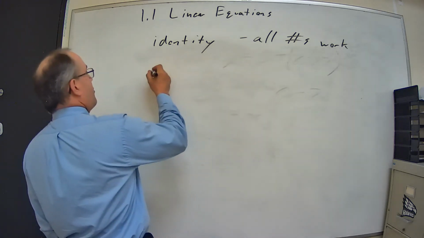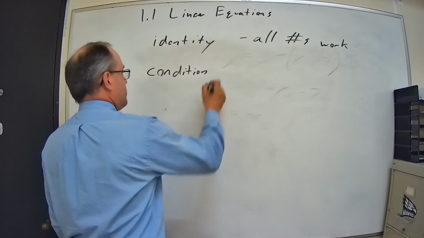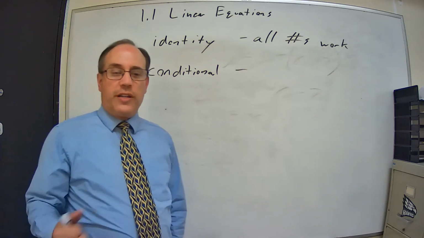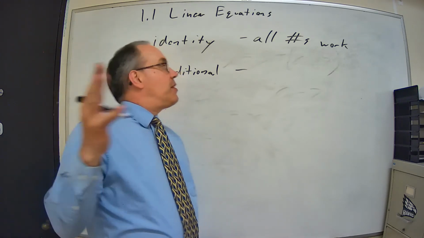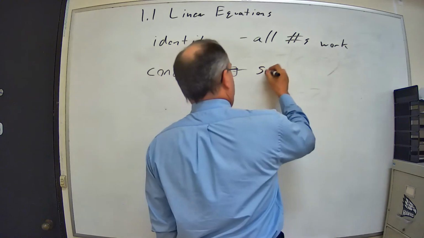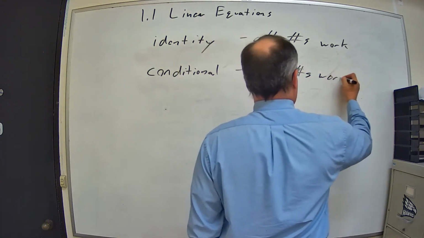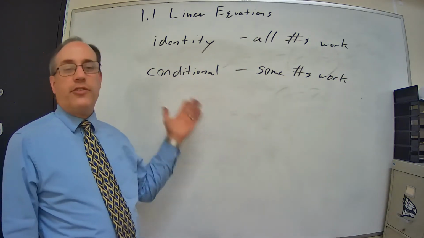Second thing that can happen is we can have a conditional statement. For a conditional statement, some numbers work. So you will find some that work and some that don't.